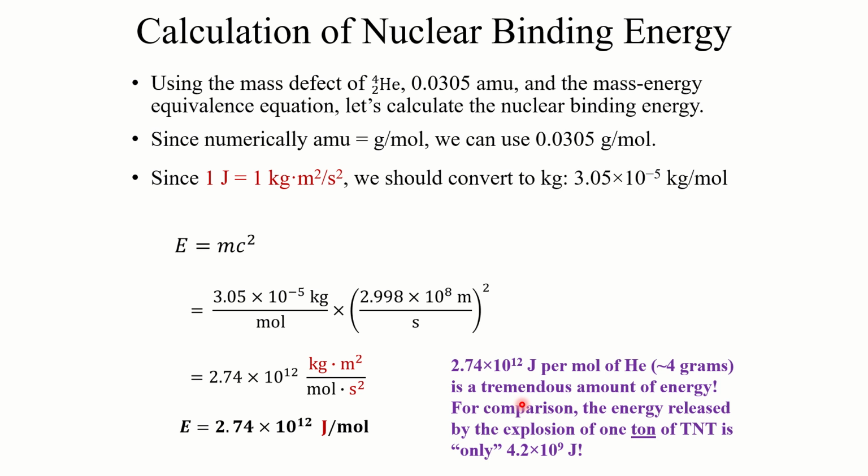Now, for comparison, the energy released by the explosion of 1 ton of TNT is, quote, only 4.2 times 10 to the ninth joules. So 4 grams of helium would release 1,000 times as much energy as 1 ton of TNT. So with this, you can see what the motivation was behind nuclear energy and more sinister nuclear weapons.